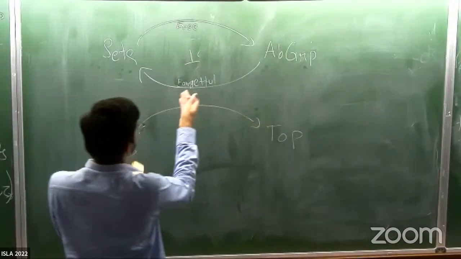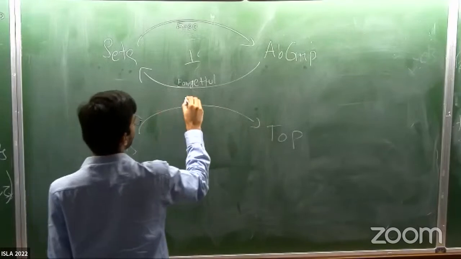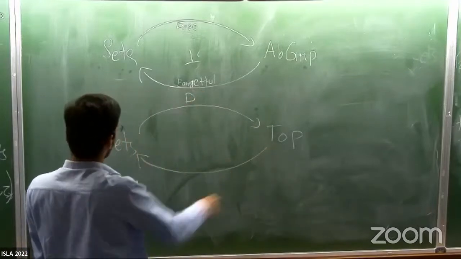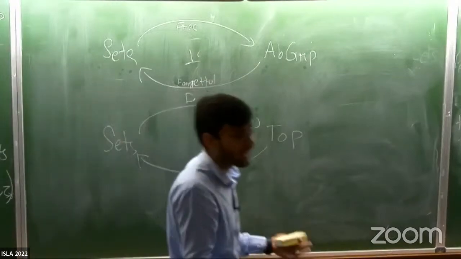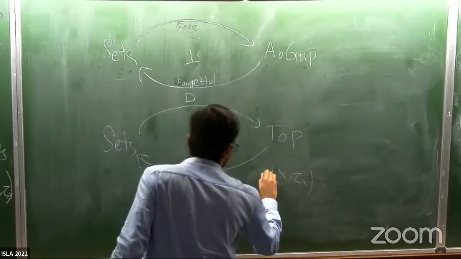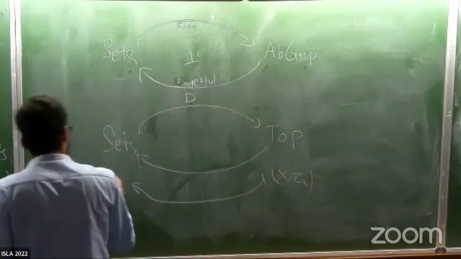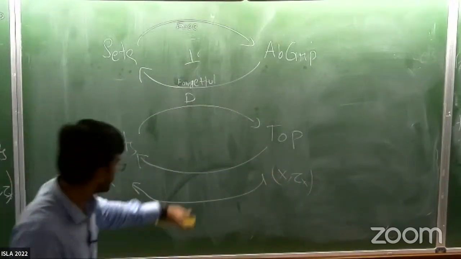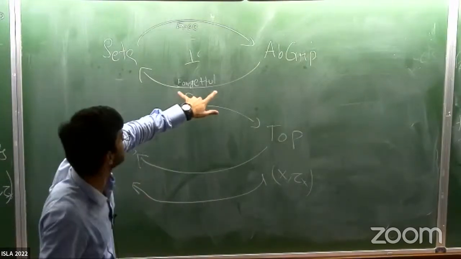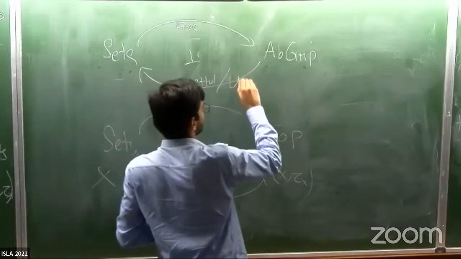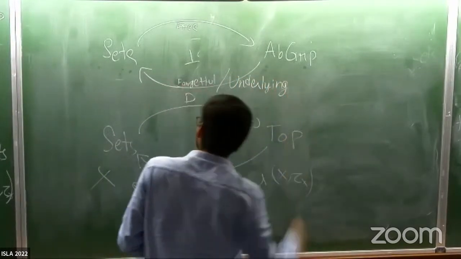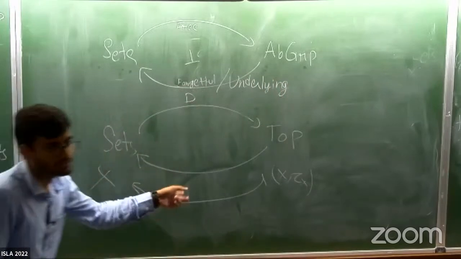You make the free topological space out of a set by giving it the discrete topology. And you get a functor from top to sets by forgetting you ever had a topology. So you have (X, τ_X) here, and you map it to just X. Yeah, that's what I said, right? Forgetful, underlying, they are the same thing, just a different name. Is that clear? Yeah.